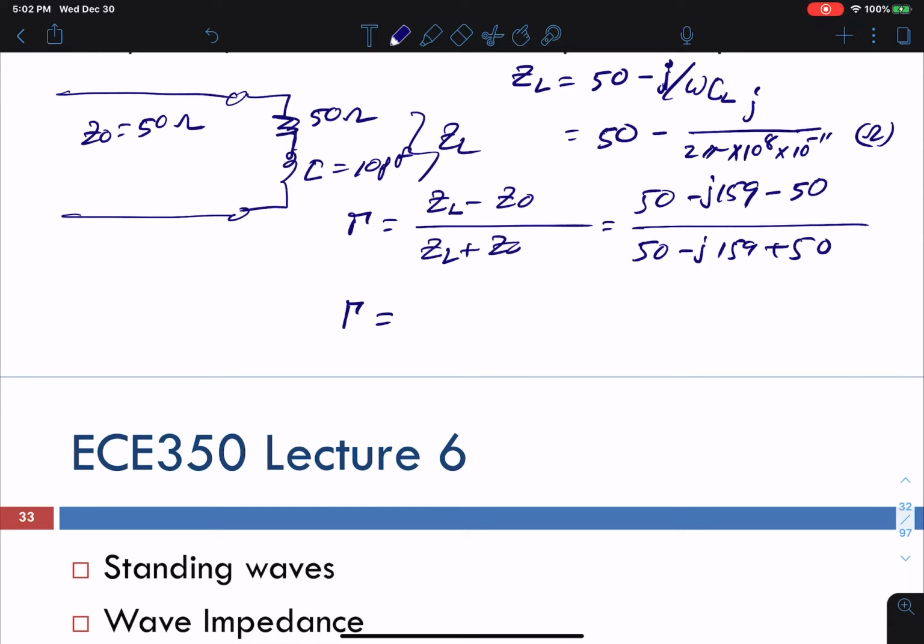If I do the math here, I should get negative 0.76 e^(j119 degrees).